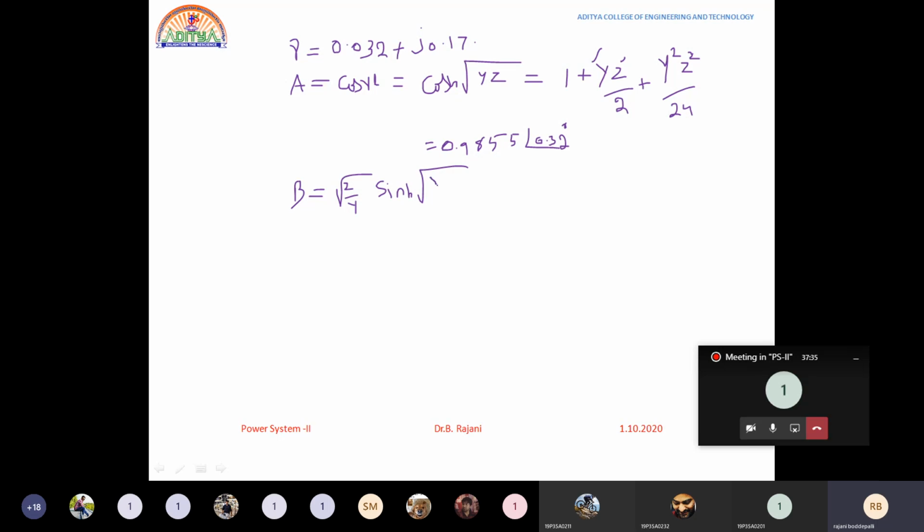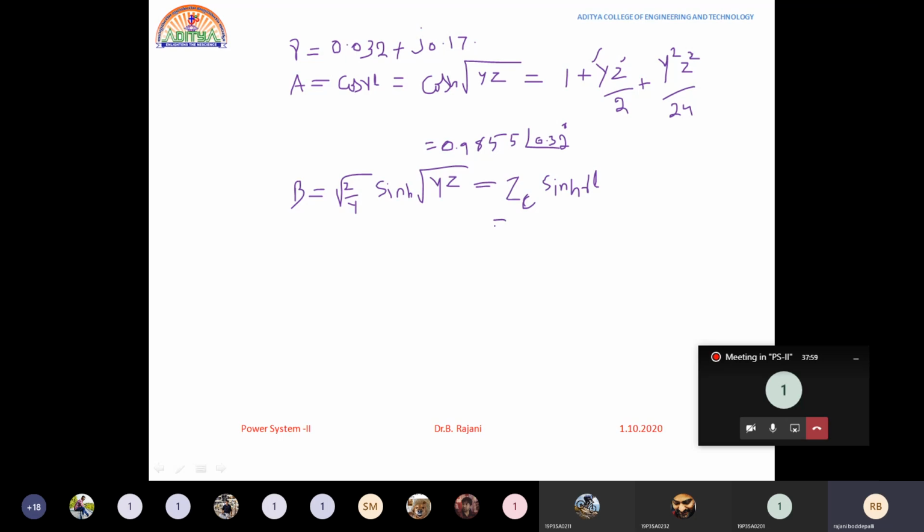I know this formula. This is similar to this one. We can write this also in terms of the propagation constant: ZC into sinh gamma L, I can write.